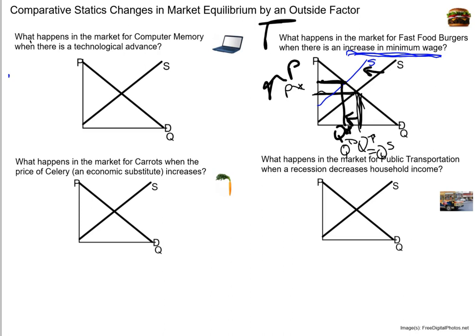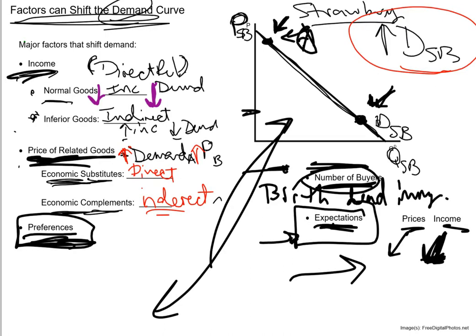You always want to make sure that you are clearly communicating where your initial starting point is and where there is a change. So it's nice to use some arrows throughout this graph to indicate where the starting point is and where the change is. Some of you may be sitting and thinking about this, but look at this increase in minimum wage. If we go back to that demand list, is there anything about the minimum wage on this demand list?